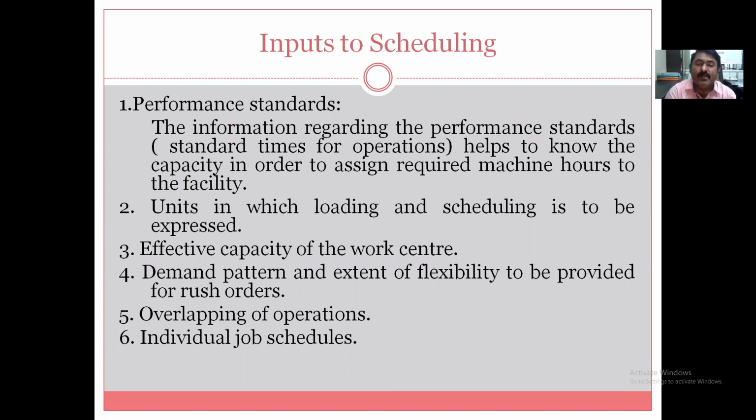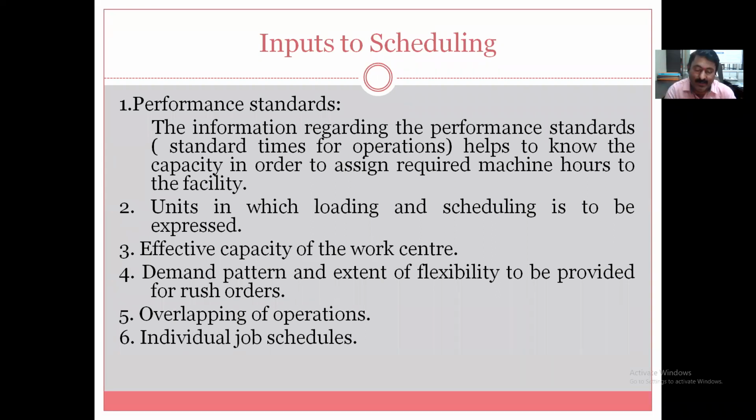What are the different inputs for this scheduling? There are different inputs; one by one we will discuss. First, performance standards, meaning the standard time for an operation. Take a simple drilling operation: for drilling a 20 mm diameter hole of 50 mm length, what standardized time is required? Can we directly go for a 20 mm drill?